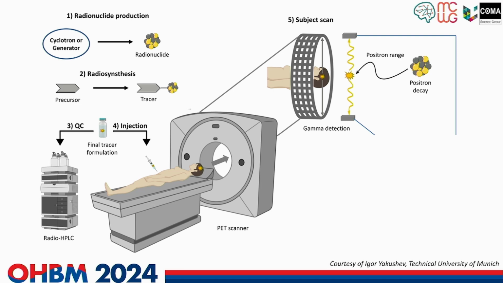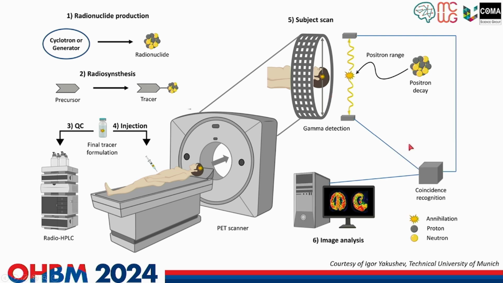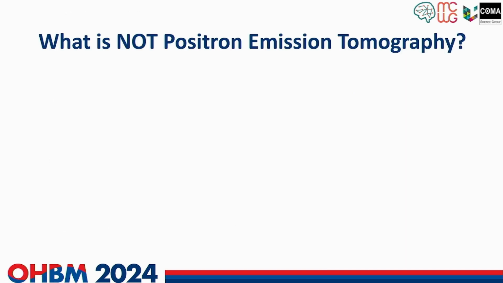These gamma rays, emitted at the same time in the expected positions, are detected by this ring of detectors. And then with a lot of physics and recognition of coincidences, we can reconstruct our images. For some tracers, we also get blood sampling during the PET scans, and this is necessary in some cases for quantification, as Alessandra and the others will explain more later.